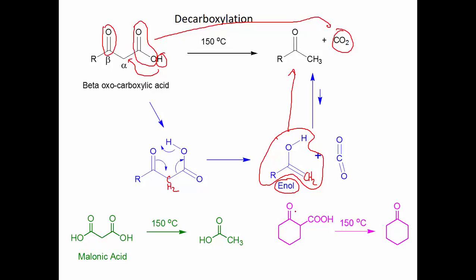It can be a ketone, aldehyde, ester, carboxylic acid, amide, anything, any C double bond O in the beta position will enable this reaction to occur. So at 150 degrees, this carboxylic acid that you see here will lose CO2 and give you cyclohexanone.